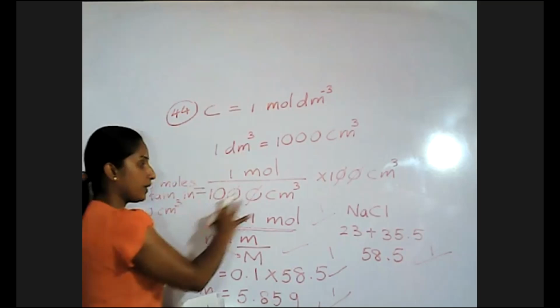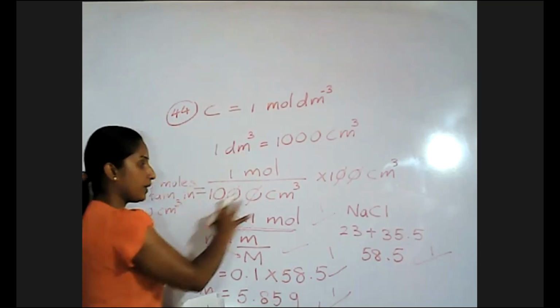Forty-five. What is the question? What is the number of carbon dioxide molecules in 22 grams of carbon dioxide? The Avogadro constant is also given.